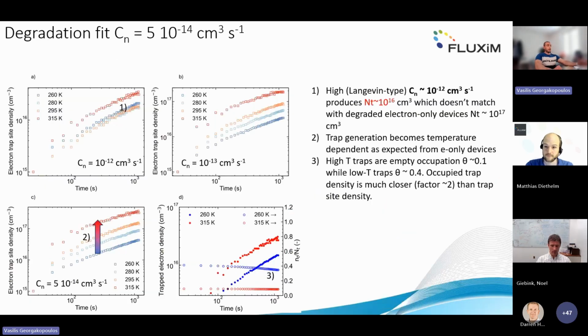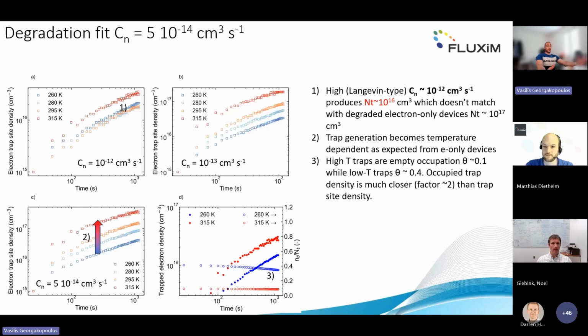And then we looked at the results. So what is the extracted density that we get out of this model? For different electron capture coefficients, we were able to get a decent fit most of the times. But what we got as a fitted trap distribution was surprisingly different.